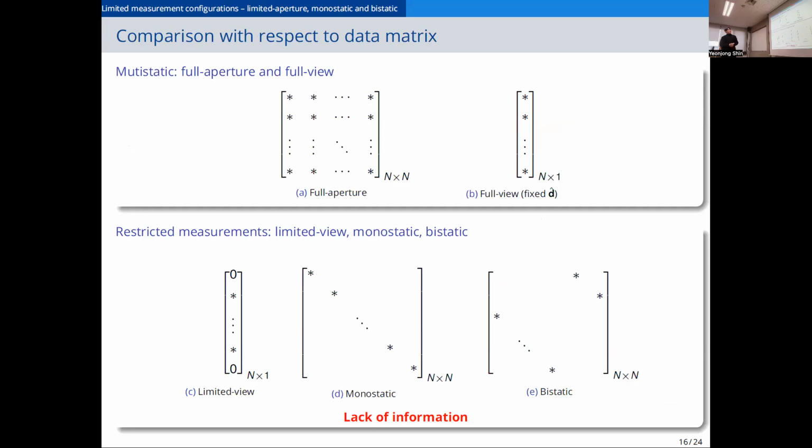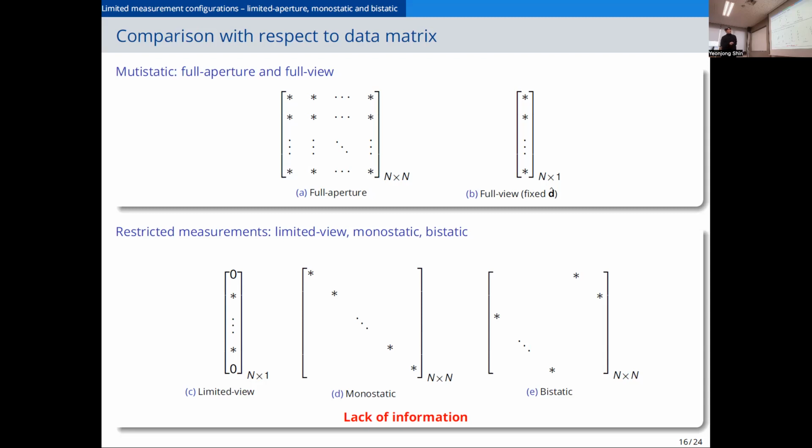With respect to the data matrix, we can compare the data. In multistatic, full aperture data is like this one, and full view is only for a fixed incident field. We choose the sum of column data. And in limited view, the rest of them is 0, meaning we have no data. Zero means that there is no data.